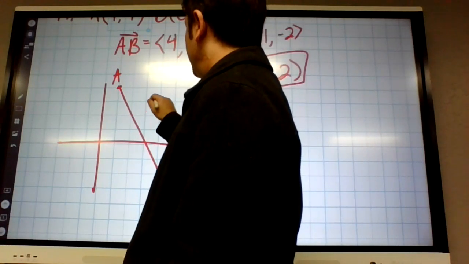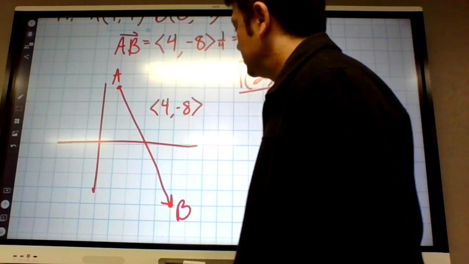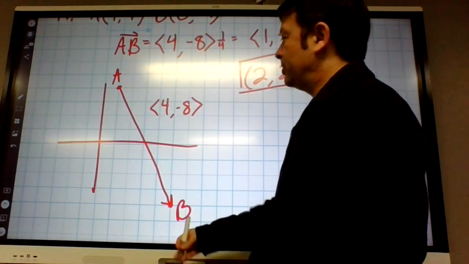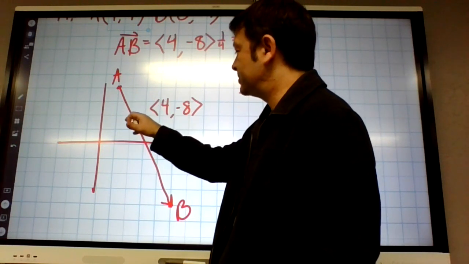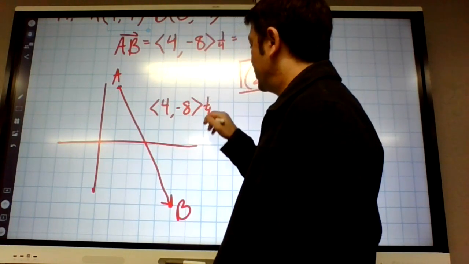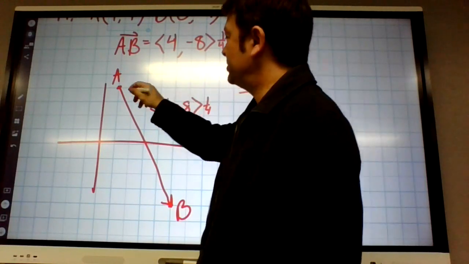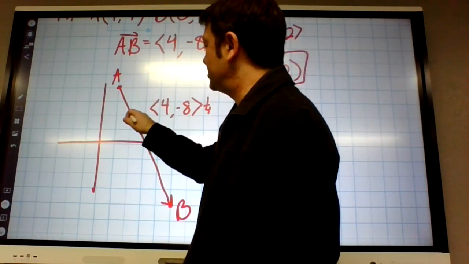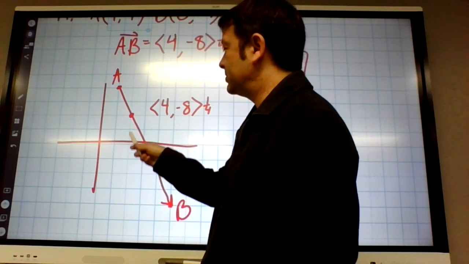The component form is 4, negative 8. But we only want to go 1/4 of the way along that vector, so you just multiply that by 1/4. We got 1, negative 2. That means we want to move right 1 and down 2 to move 1/4 of the way. So that was at 2, 2.